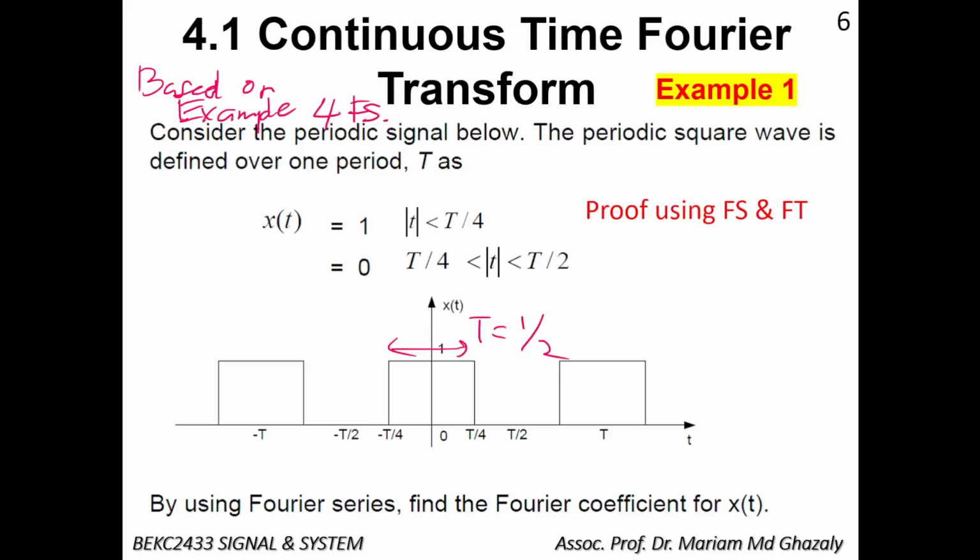This one is the example that we did yesterday for Fourier series, right? If you remember, Fourier series is for periodic signal, and that's the reason why you need to find the Fourier series coefficient. And Fourier transform is for aperiodic.